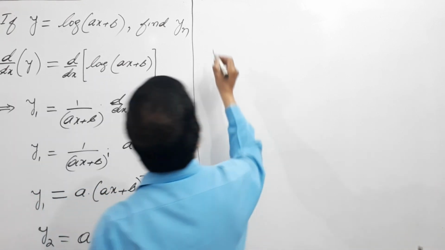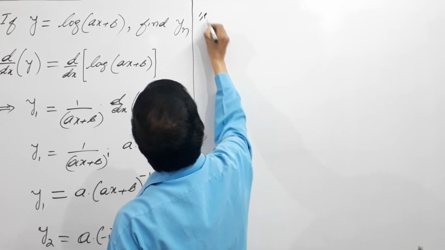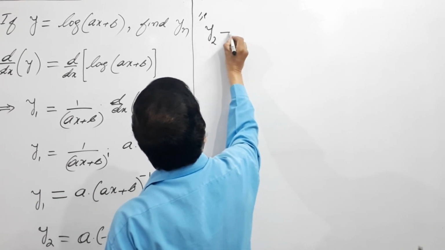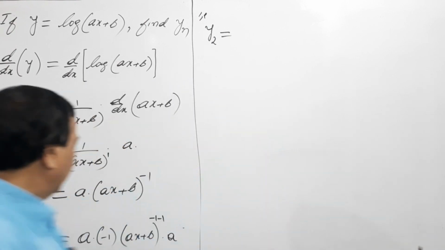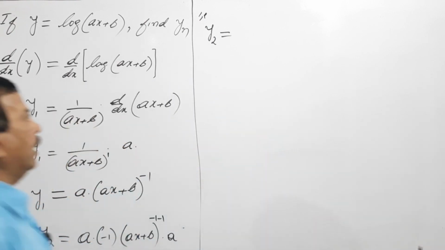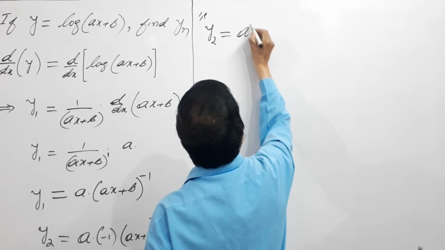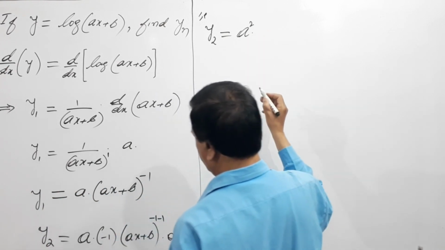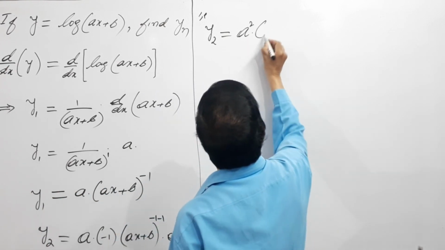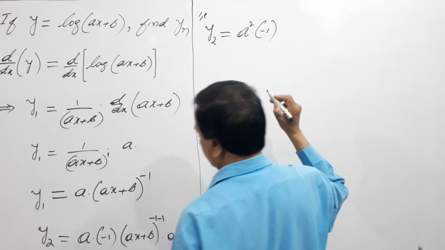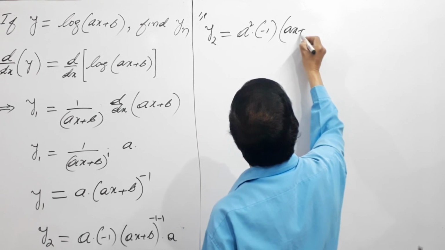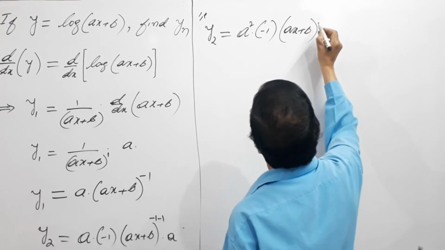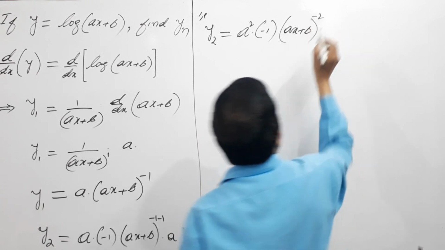So y2 will be a into a, which is a square, into minus 1 into ax plus b to the power of minus 2.